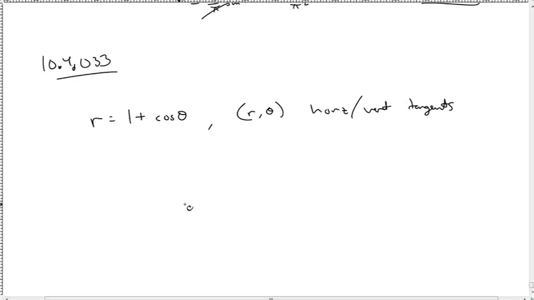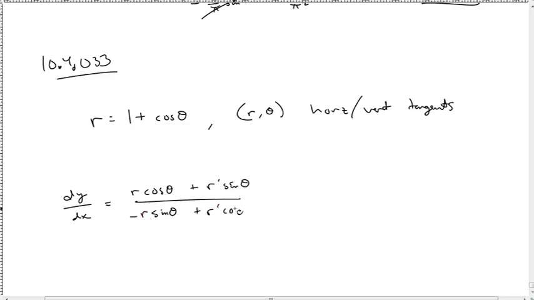And what do they mean by that? Well, let's go back to my formula real quick, and I'm going to use r's this time, if that's okay. r cosine theta plus r prime sine theta, over negative r sine theta plus r prime cosine theta. Okay, so that's my original formula there, and I can plug this stuff in.